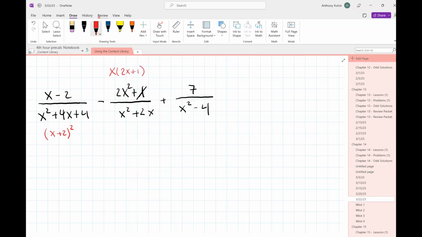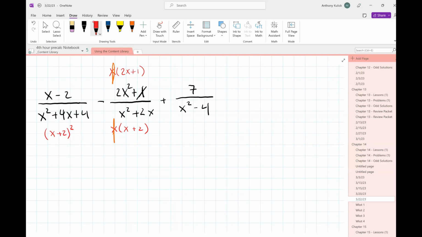And the denominator, x squared plus 2x. Just take an x out. And what do we notice there? Yeah, let's not make that same mistake twice. Let's check to see if we can reduce. That's nice.